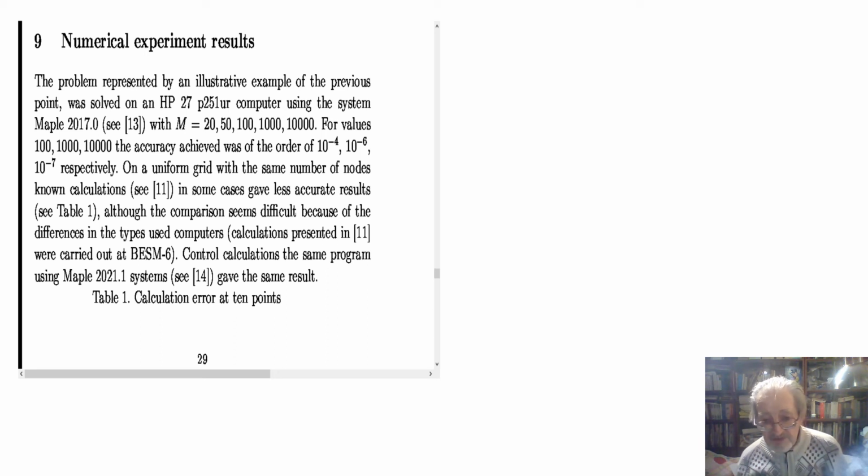Also, the comparison seems difficult because of the differences in the type of computers used. Calculations presented in the reference were carried out at Basin 6. Control calculations, the same program using Maple 2021 systems, gave the same results.